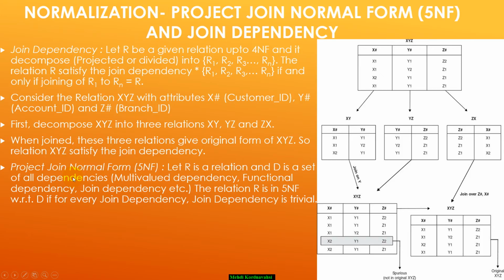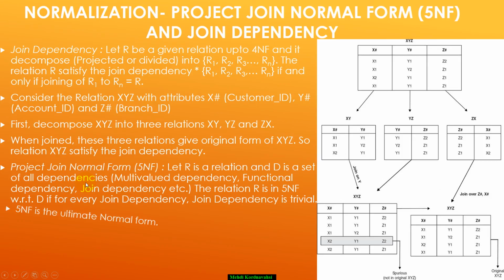Project join normal form or 5NF. Let R be a relation and D a set of all dependencies. It means multi-valued dependencies, functional dependencies, join dependencies, and so on. The relation R is in 5NF if every join dependency is trivial.